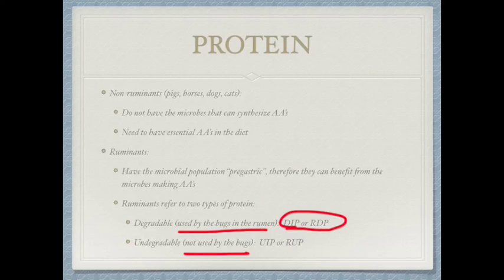For the undegradable protein that's not used by the bugs or the microbes, you will see two terms, UIP, undegradable intake protein, or RUP, rumen undegradable protein. The terms DIP and UIP are used in beef cattle, and RDP and RUP are used in the dairy, but they are comparable terms.